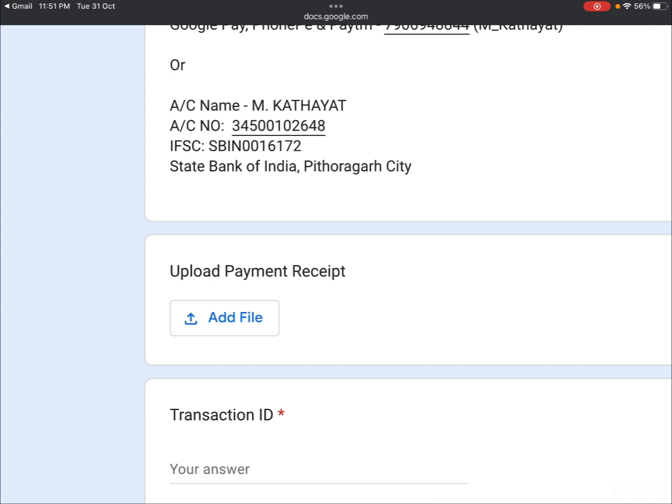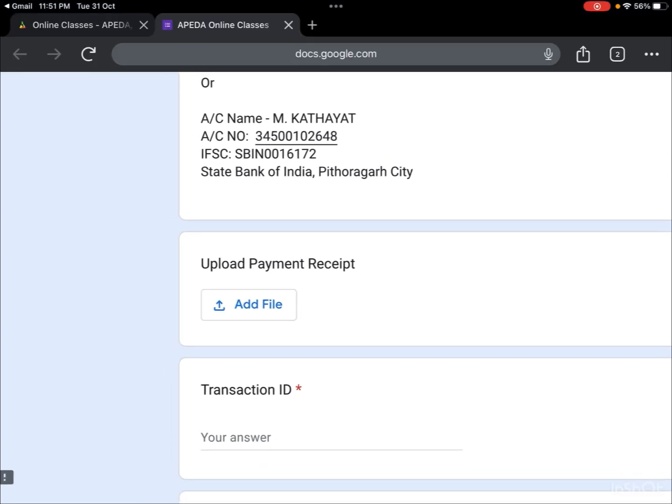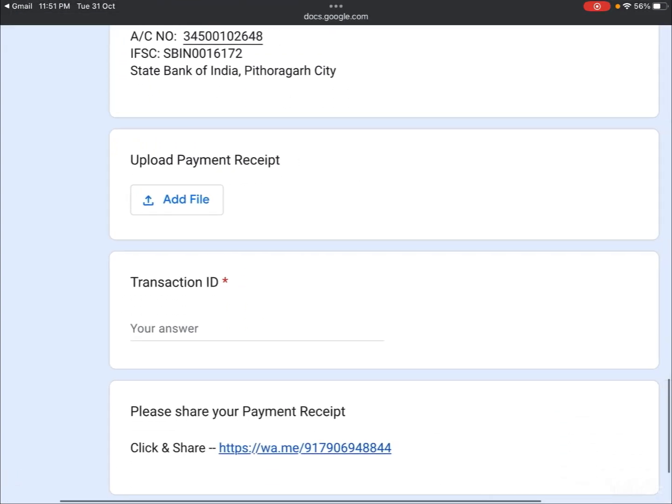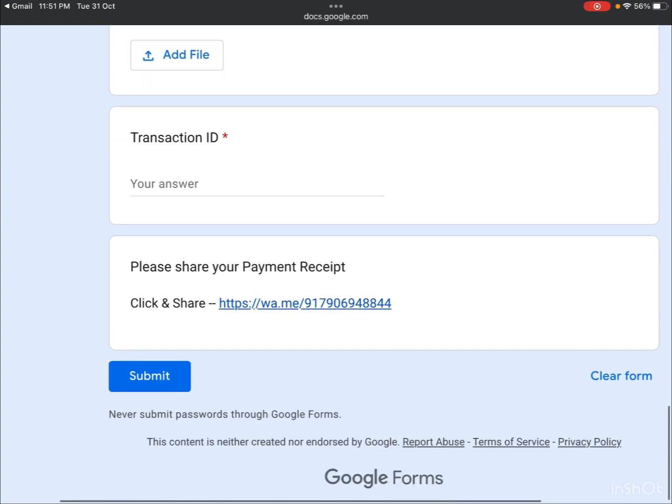Just take the screenshot of that payment and put it in this upload payment receipt option. You also need to have the transaction ID ready, which you need to put here, and after that you need to share your payment receipt on this link. After doing all these things, just submit and you will be enrolled for the program.